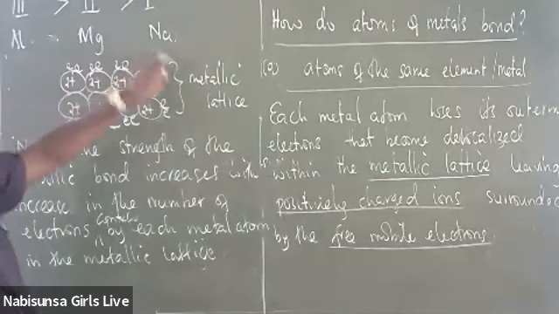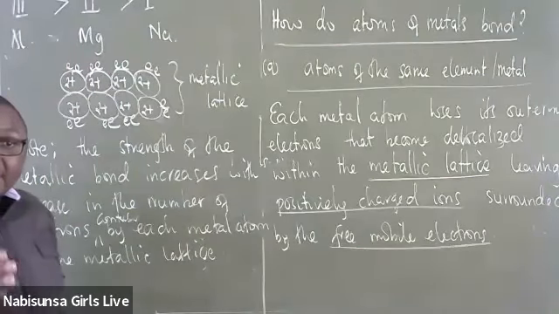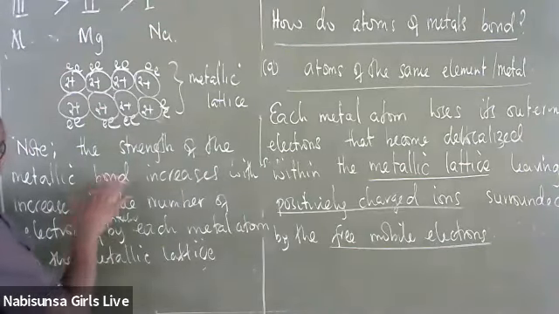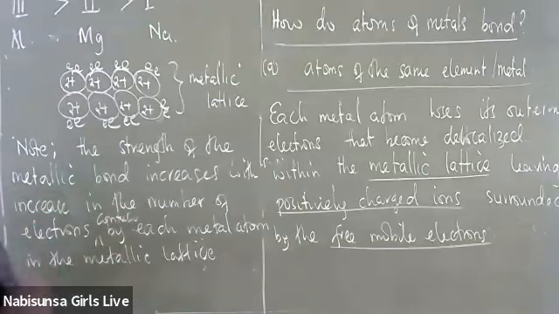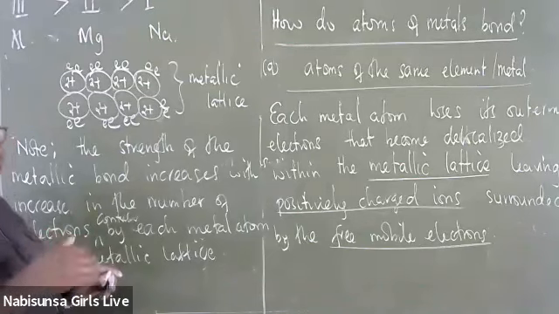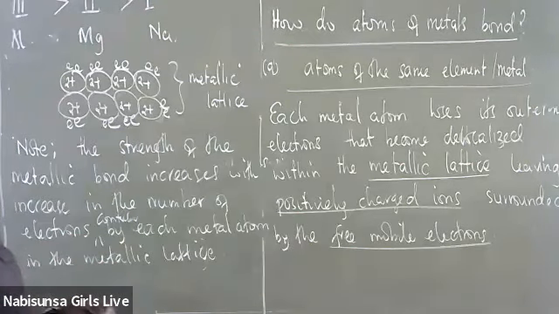And then sodium is so soft and can easily be cut by a knife. Why? Because it forms weaker metallic bonds. What brings about the difference in the strength? It all depends on the number of electrons each metal atom can give away. So the more it gives away, the harder it becomes.